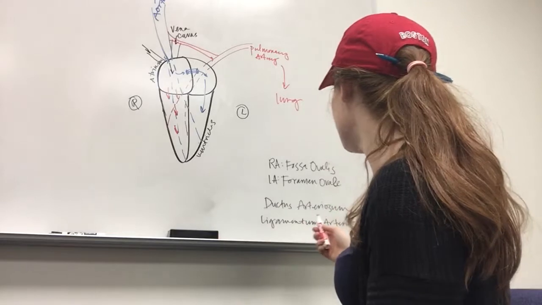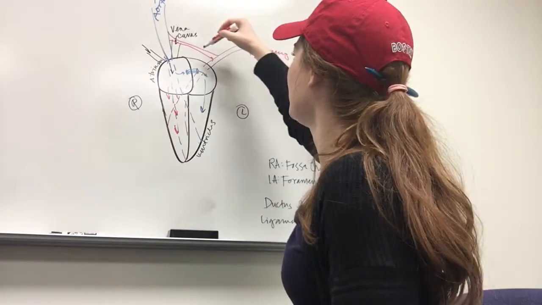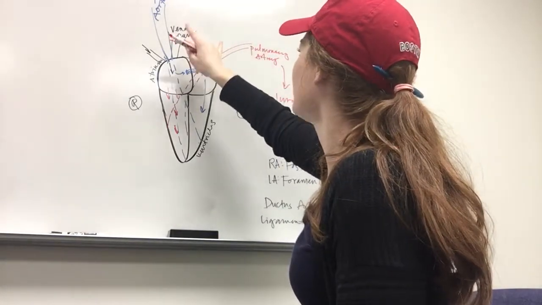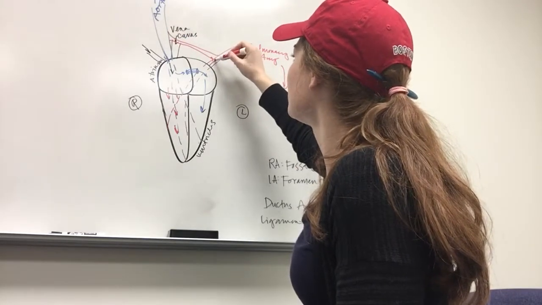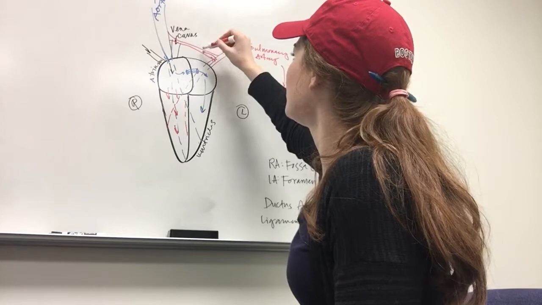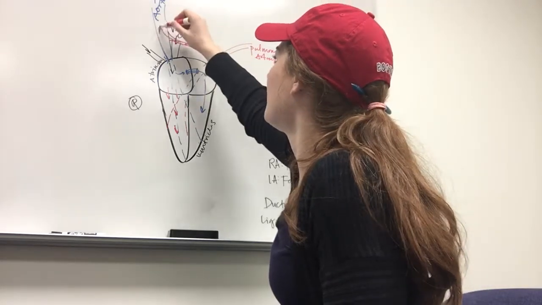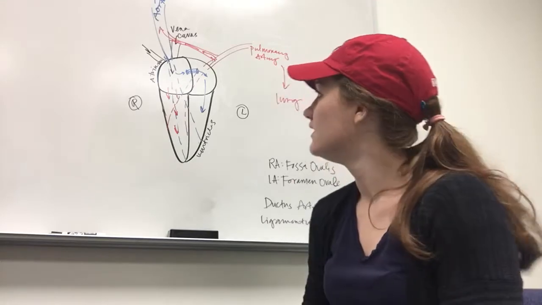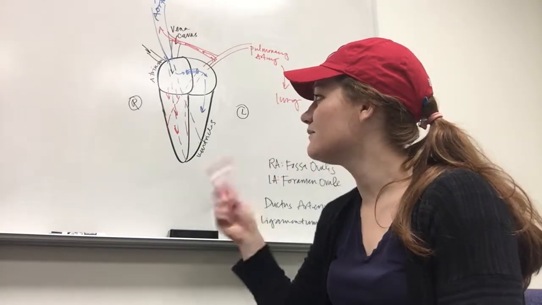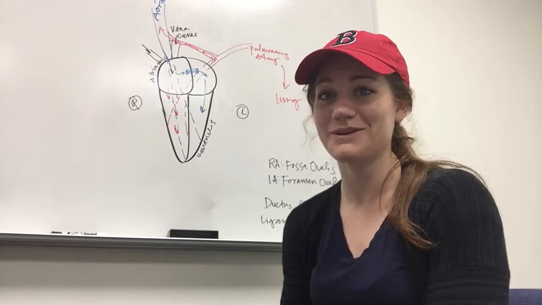But anyways, this ligamentum arteriosum is right here, and that's going to connect the pulmonary artery and the aorta, but it's also in the fetus. It's going to draw this blood to be able to go out through the aorta, and therefore protecting the undeveloped lungs. So those are the main concepts, and I hope that makes sense.